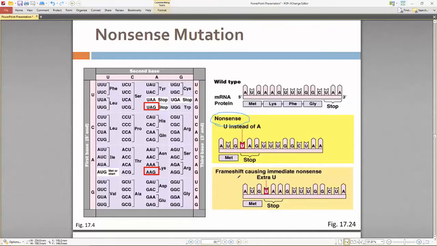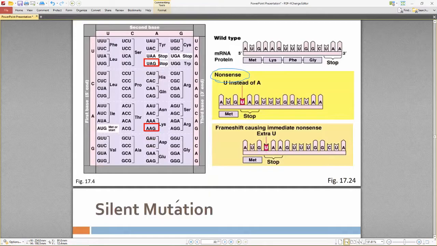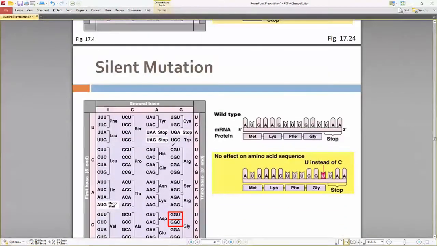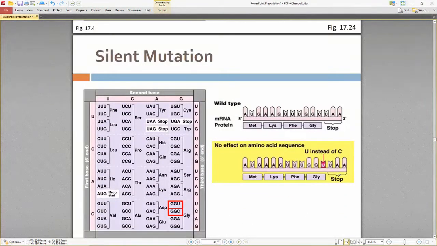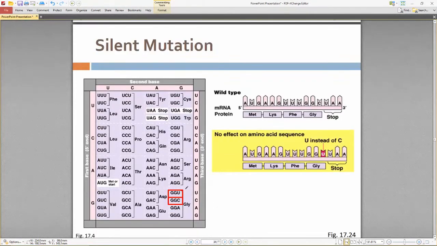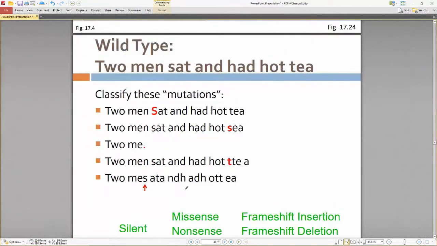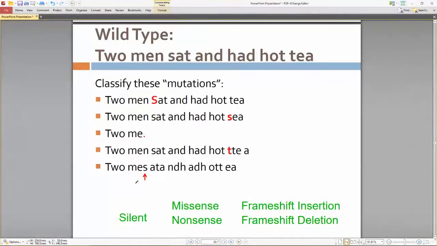You have a U instead of an A. So normally where you had an AAG, you now have a UAG, which creates a nonsense. You can also have this insertion with an extra U, causing immediate nonsense. Or a frame shift causing an immediate nonsense. Or a silent mutation where U instead of a C, GGU, GGC, both code for glycine. So overall, no change.